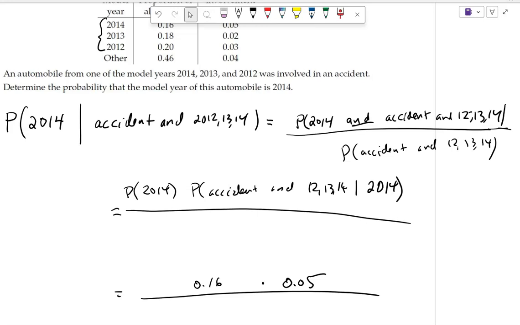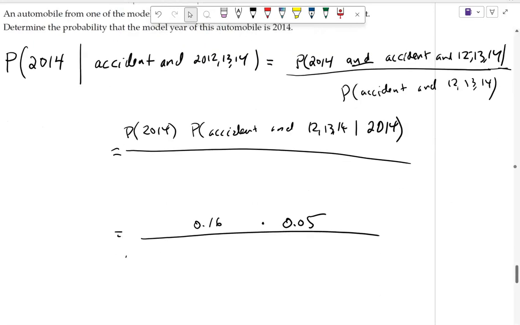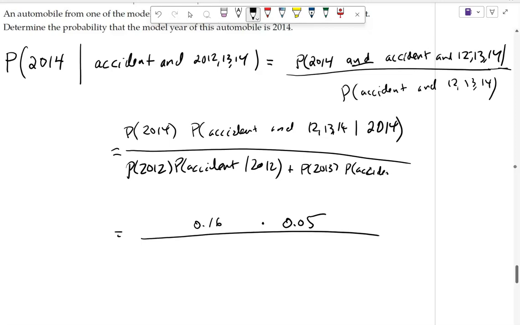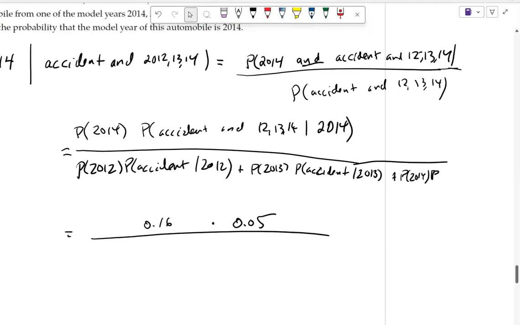How can I get to accident and 12? What would that be? Let me write that line above it. 2012, probability of accident, given 2012, good. And then do the same thing for 13, and 14. I can slide over.